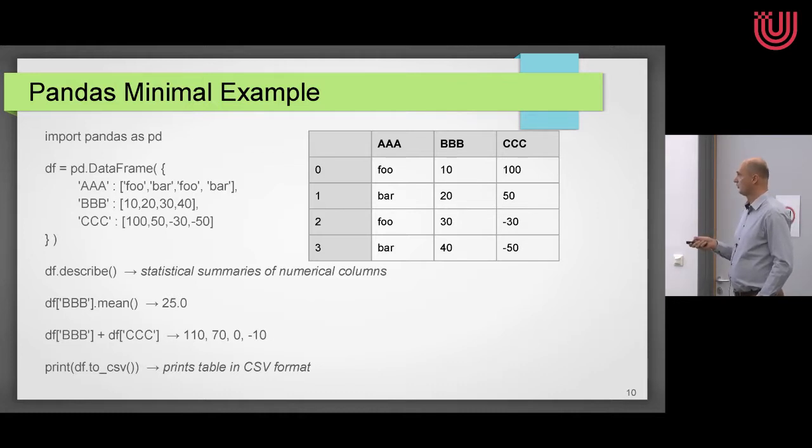Or with this indexing syntax, you can choose the BBB column and compute the mean of it. Or you can add up 2 columns, and that will be element-wise addition of the 2 vectors. Or this one is just to get the table in CSV format. There's, of course, a lot more. This is just a small intro.